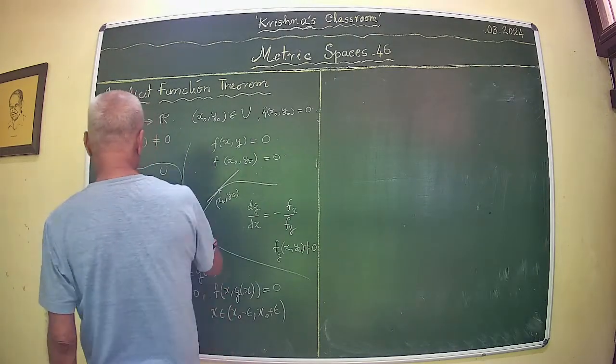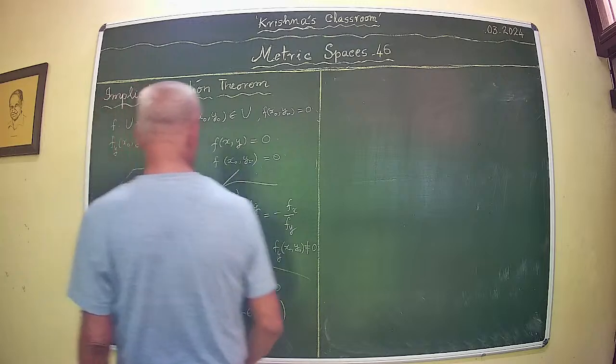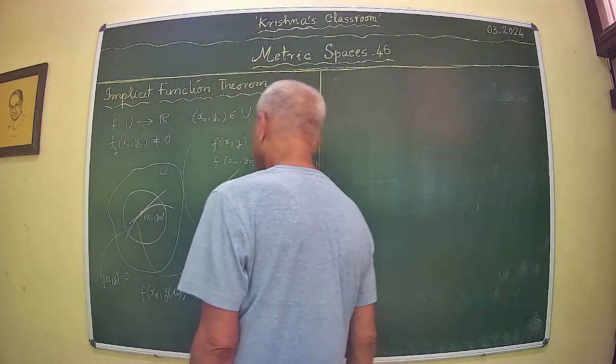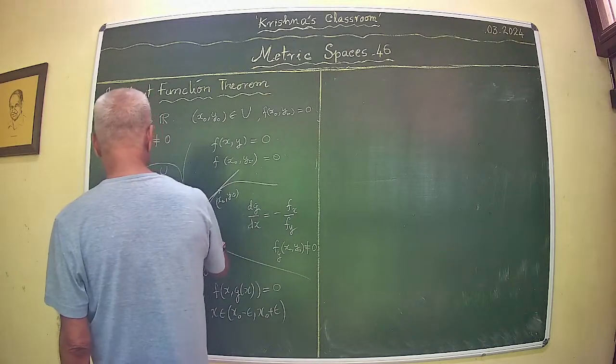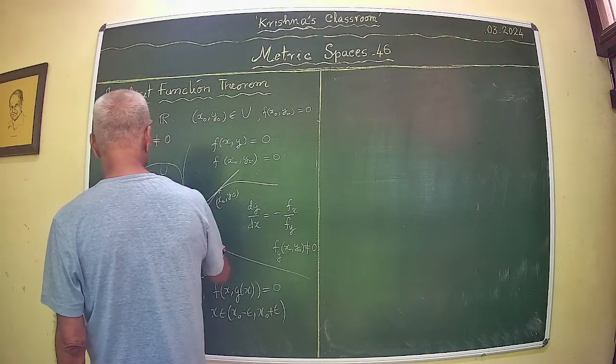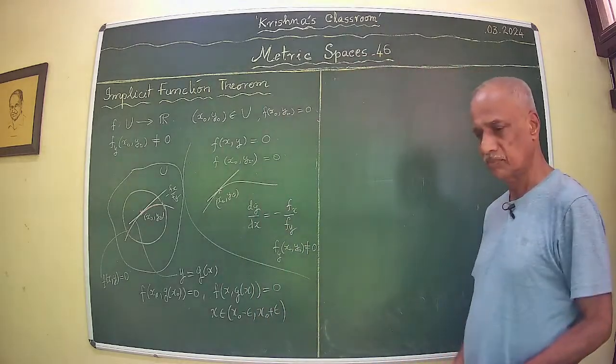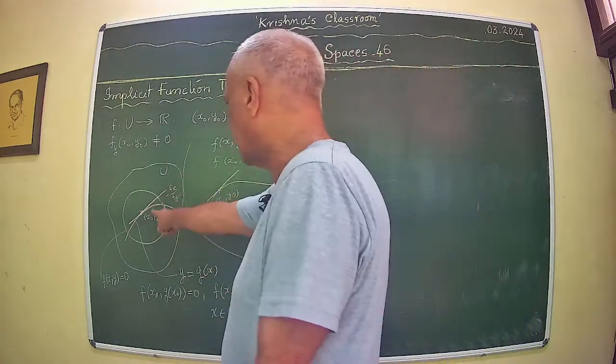The slope of the tangent is given by minus fx by fy, and this is well defined. Okay, so there is a well-defined tangent at that point.